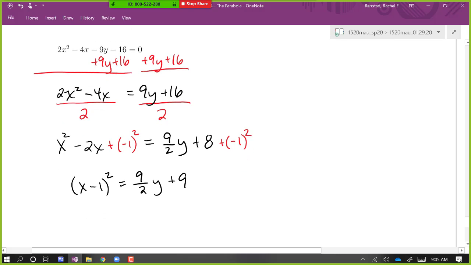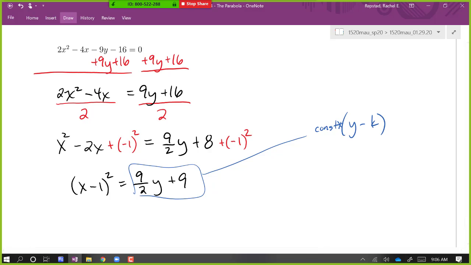It's not quite in standard form because the right side, I want that to look like some constant times y minus k. So I want a 1y minus something inside the parentheses. So whatever the coefficient is on y over here, I'm going to factor that out. So we're going to take out the 9/2.